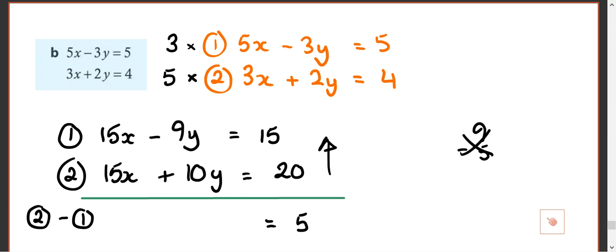That's where the 1s and 2s come in, remember I said you get used to writing them? This is why. What's 15x subtract 15x? 0. Eliminated, so x is no longer a factor. So this is what's important. What's 10y subtract negative 9y? 19y.